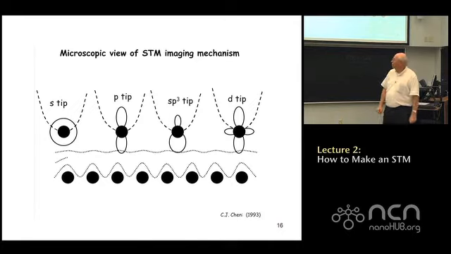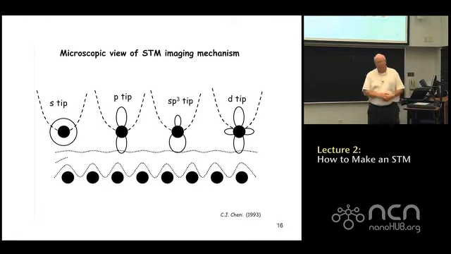And so, for instance, an S-type tip, right, which has spherically symmetric wave functions associated with it, would not be a good tip to obtain atomic resolution. Whereas a P-type or a D-type tip would be much better, right?